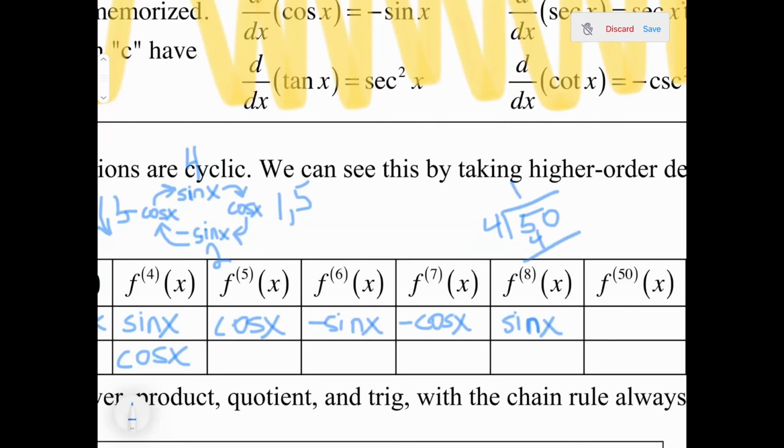We multiply, we subtract. 4 goes into 10 two times. We multiply, we get 8. We subtract, our remainder is 2. So if we start at sine x, our remainder of 2 puts us at negative sine x. And for the 50th derivative of cosine, we still get a remainder of 2, but we're starting at positive cosine this time. So 2 after positive cosine.